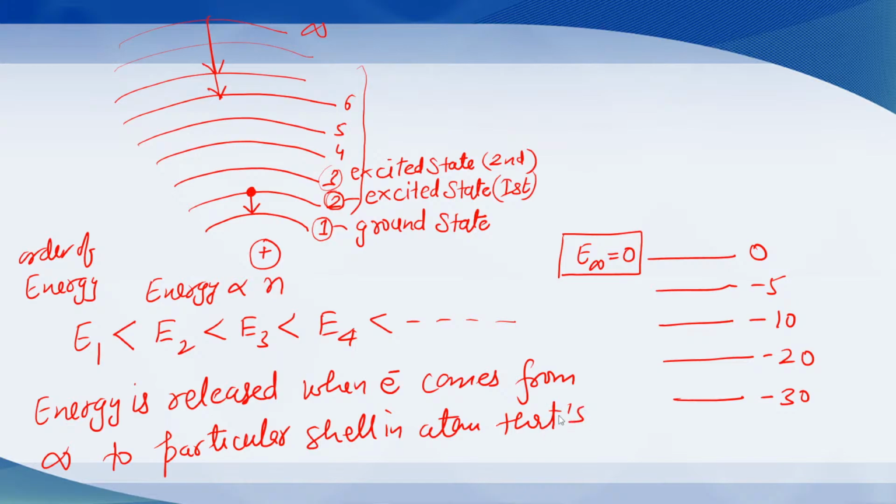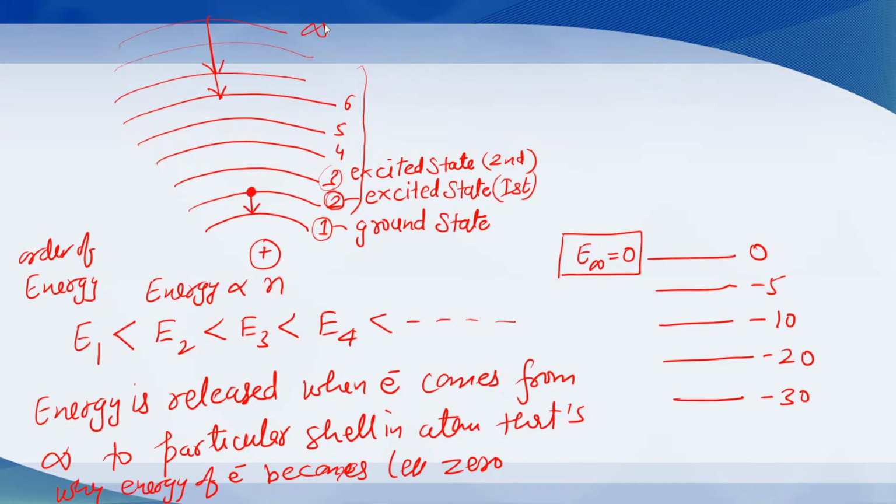That's why the energy of the electron becomes less than 0, because the maximum energy at infinity is 0.